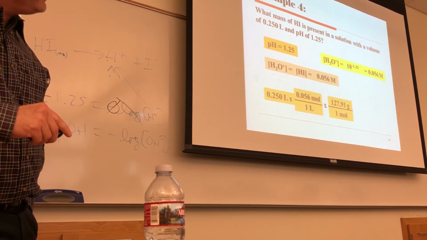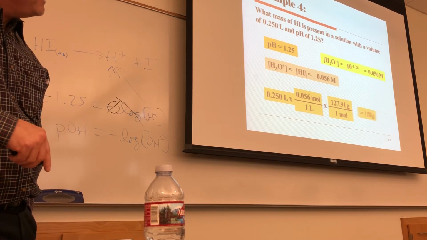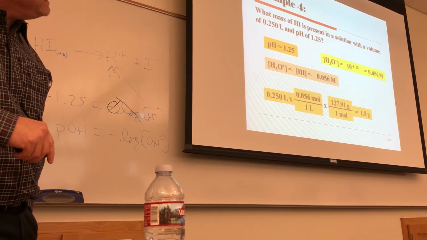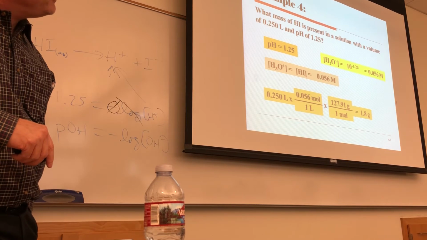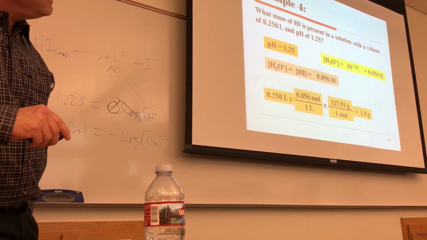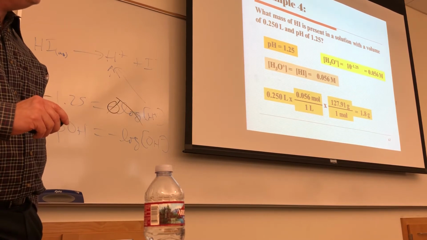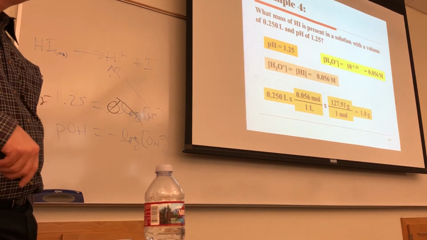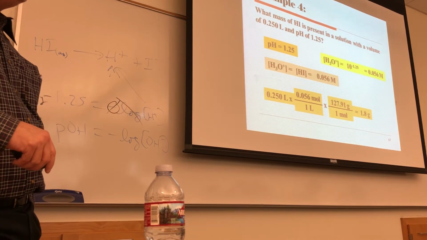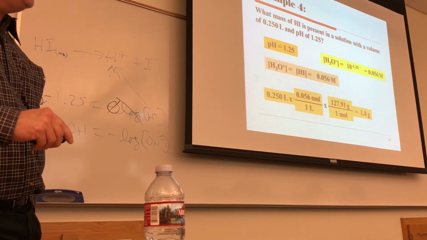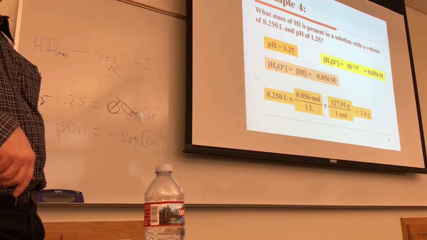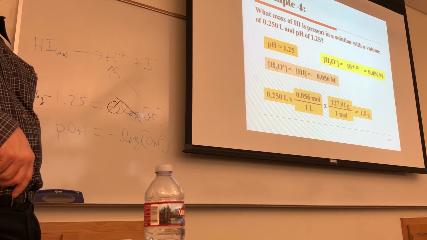Here's my molar mass, grams over mole. That gives me my mass, and I get 1.8 grams. So that means that if I have HI in a solution with a volume of 250 milliliters and the pH is 1.25, I have 1.8 grams of hydroiodic acid.